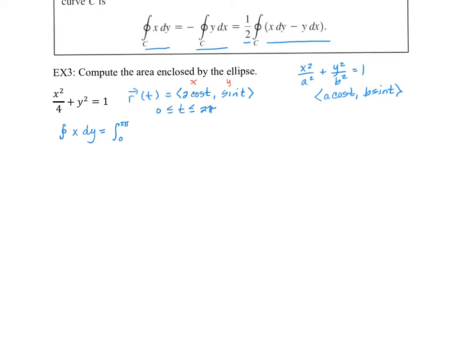X is 2 cosine of t. The derivative of y, since y is sine, derivative is going to be cosine. And this is dt. And I'll just work across. So 2 cosine squared.